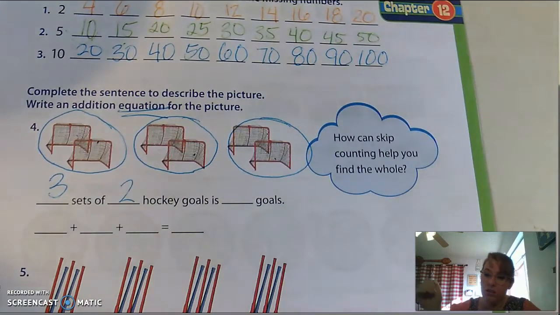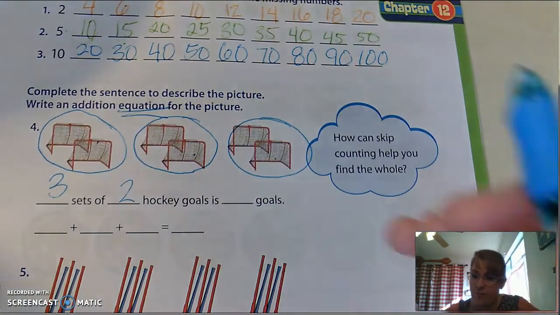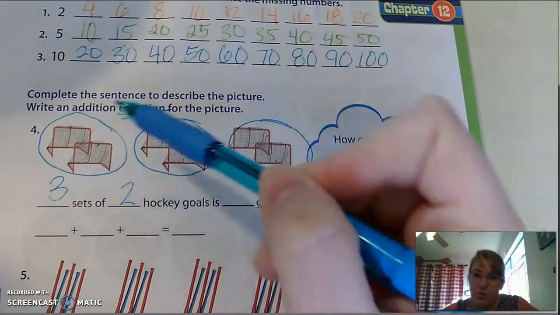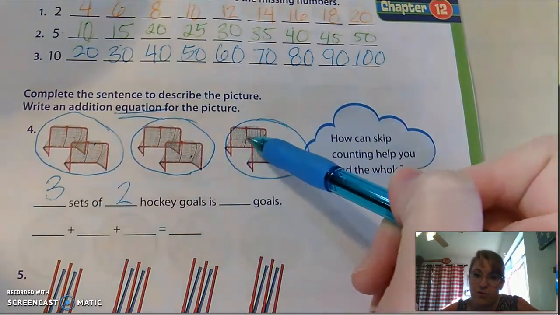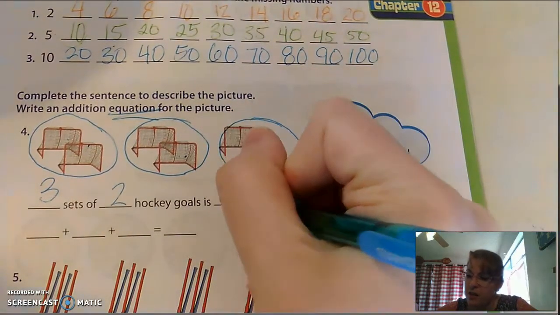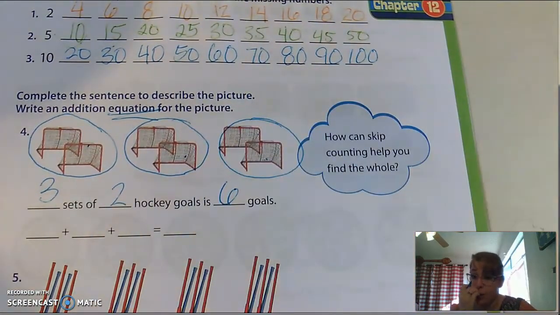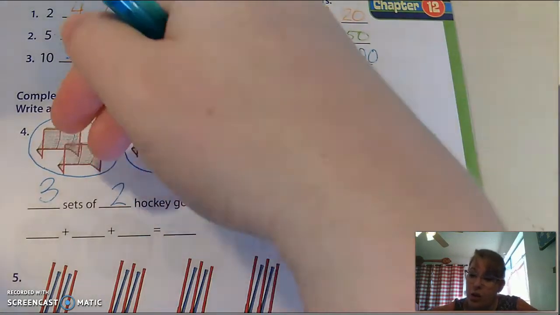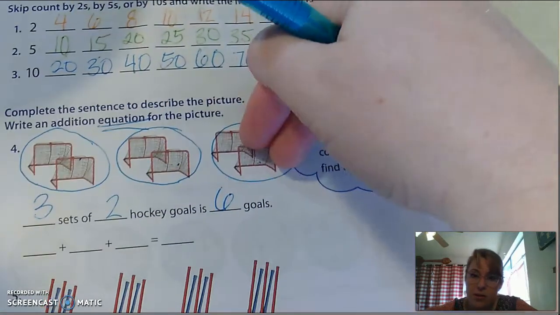How many altogether? 1, 2, 3, 4, 5, 6. Okay, so 3 sets of 2 hockey goals is 6 goals. I could also say 2, 4, 6.